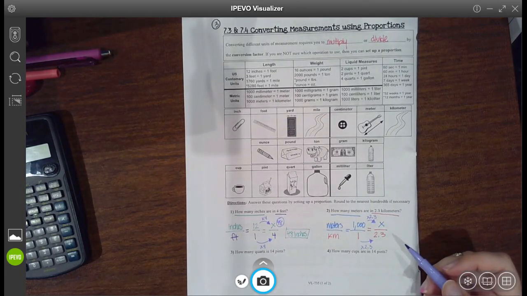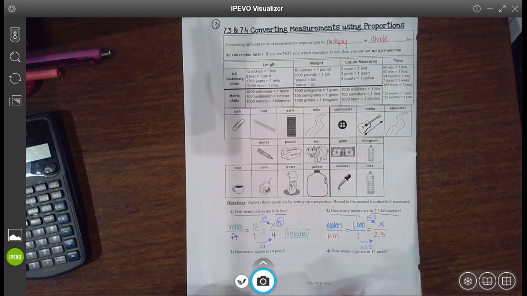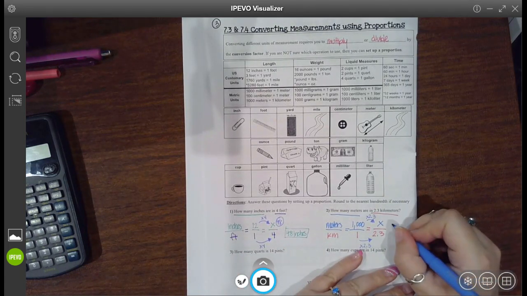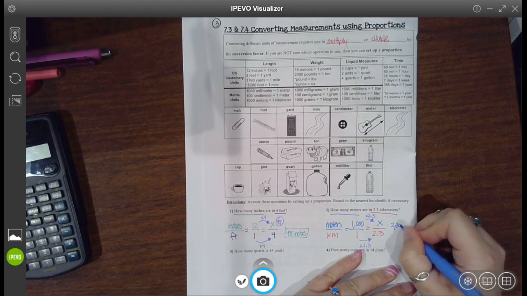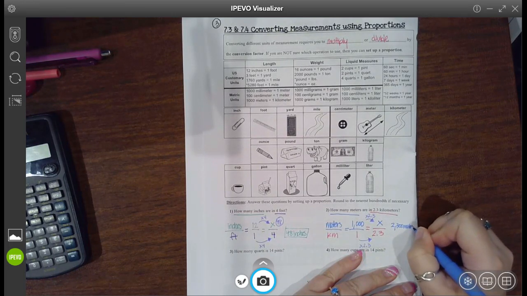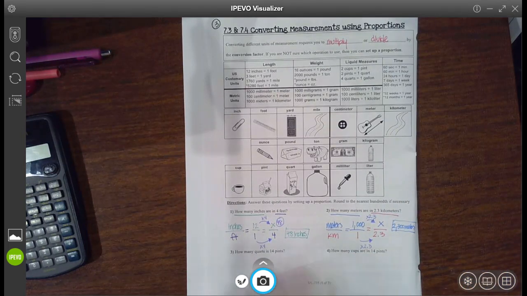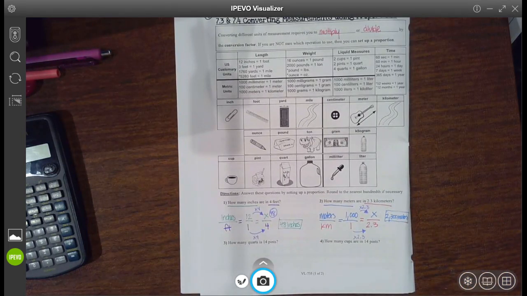Type that in. 1,000 times 2.3, you get 2,300 meters. Now, if you think that you figured it out, why don't you go ahead and try to pause the video and then try as many as you can and then unpause it and come back and check.